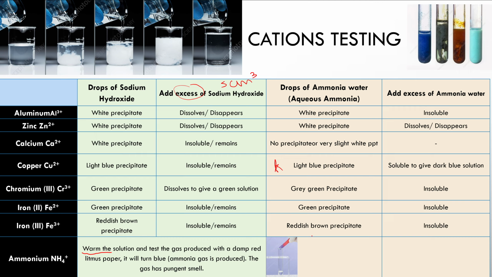The iron 3 gives me red-brown precipitate which is insoluble in excess, meaning that iron 3 gives me the same result when tested by sodium hydroxide drops and excess. Iron 2 will give me the same result whether by drops of sodium hydroxide and excess or drops of ammonia water and excess.